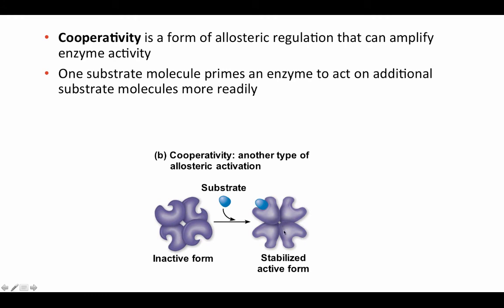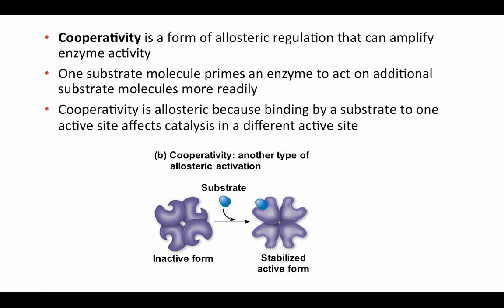So it not only makes one subunit active, but it keeps all of the other subunits in their open and active state, allowing an increase in the enzymatic activity. So we consider this allosteric even though it's binding to an actual active site, because the act of it binding to this active site is going to have an effect on the active sites elsewhere in the enzyme. So we still consider this allosteric regulation.